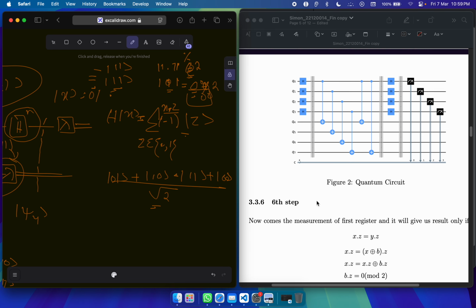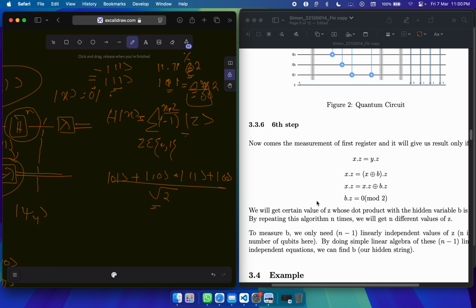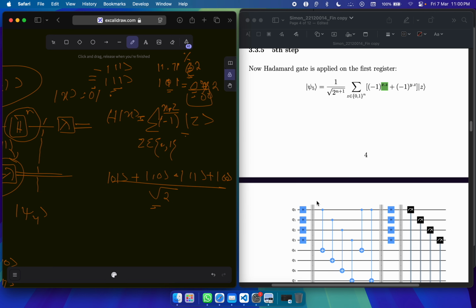Here now we have to do some more mathematics. We understand that x dot z has to be equal to y dot z. Why? Because if you see here, these two amplitudes will add constructively when they are the same.